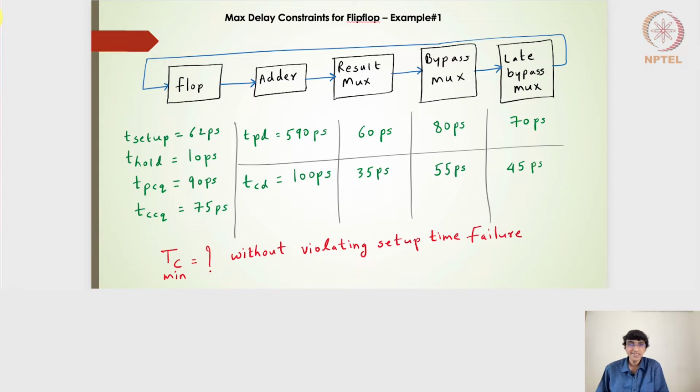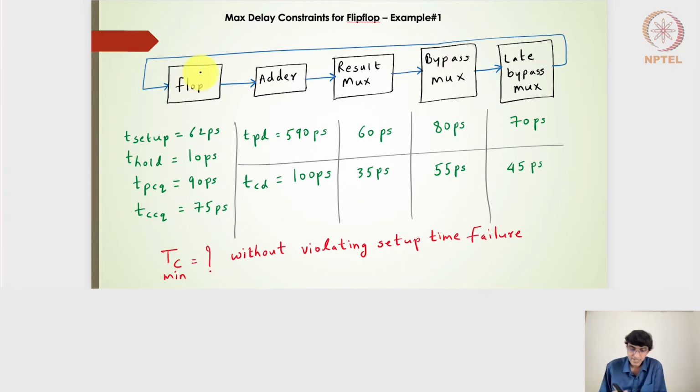Moving further, let's take a typical example for digital blocks, where we have a series of combinatorial circuit blocks, like the adder, muxes, bypass muxes, and late bypass muxes, which is given to the same flops. So we don't have flop 1, flop 2 and flop 3 as such.